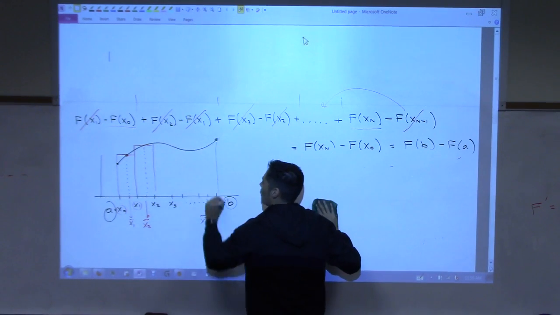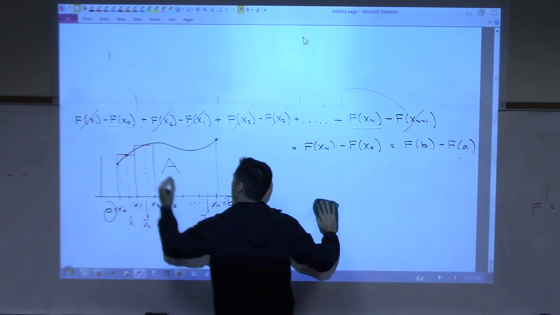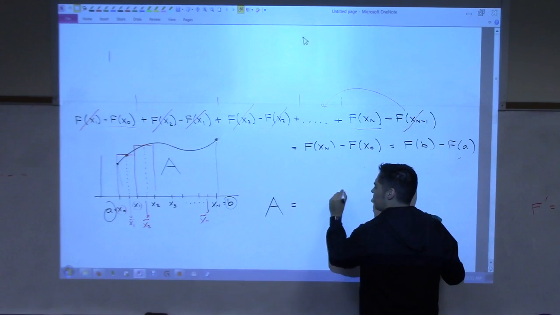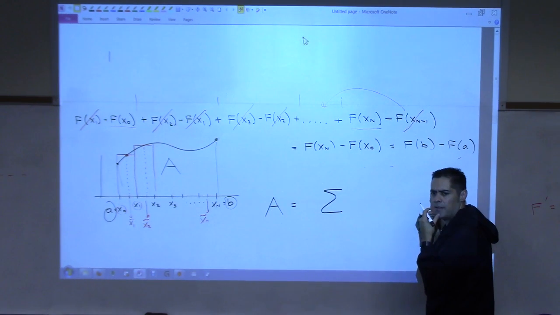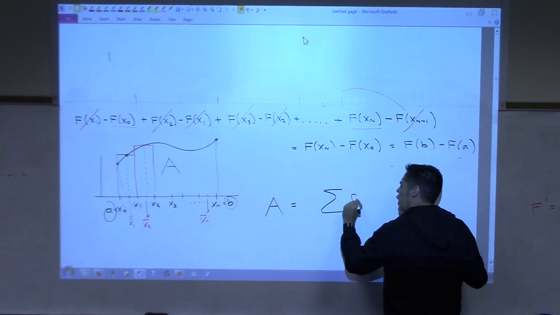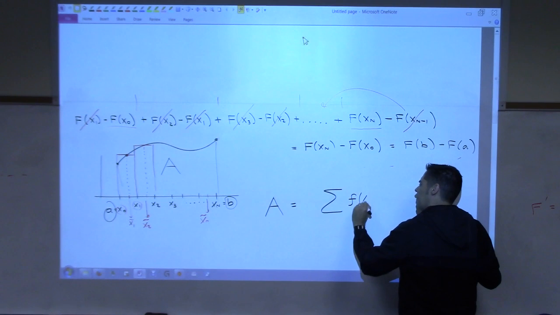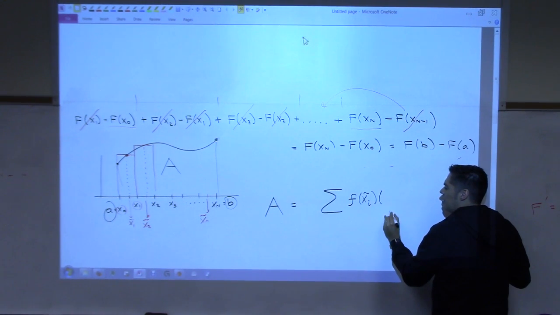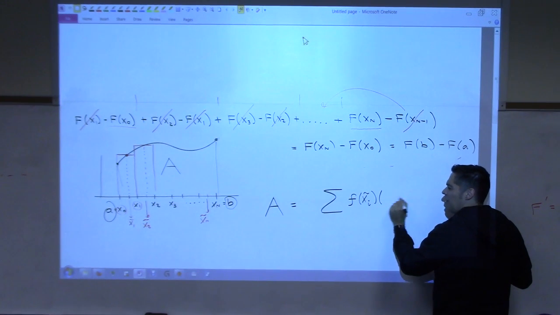Technically speaking, the true area under this curve, which I called A earlier, is something like this. It's a sum, right? Think you've seen that notation before? I'm going to be doing something like f of x sub i tilde times, what did we call that piece right here?